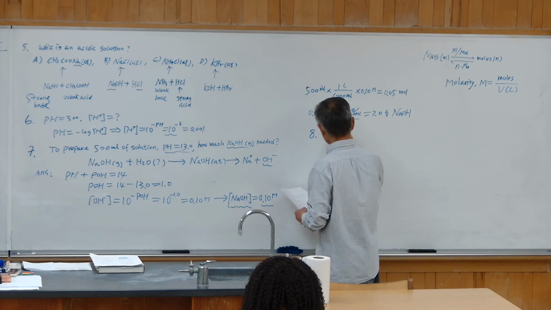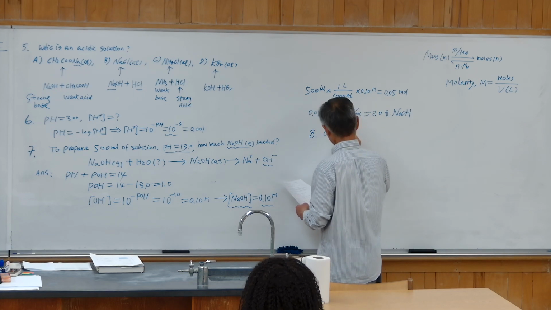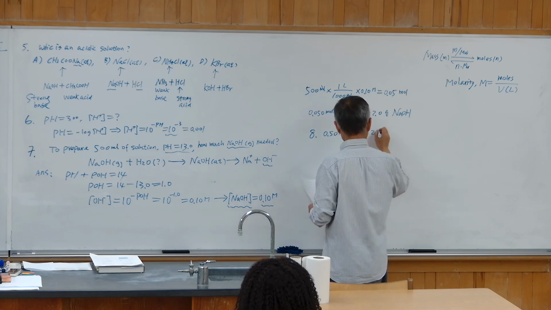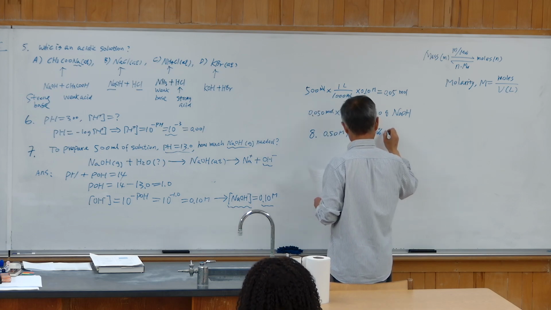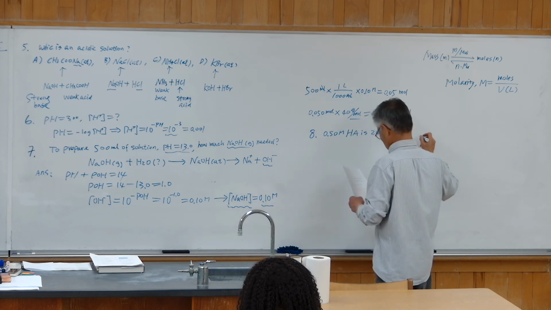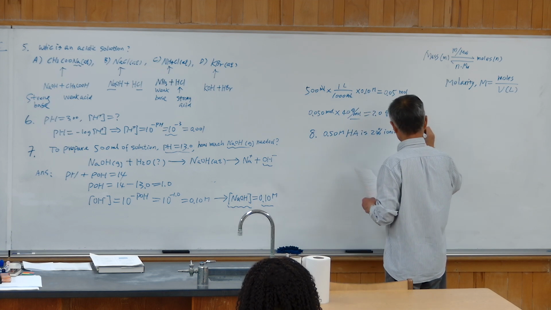A 0.5 molar weak acid is 20% ionized. Calculate the Ka.